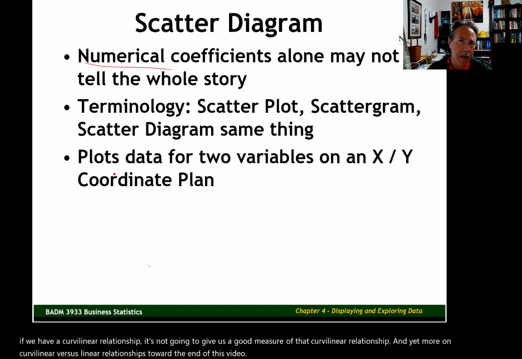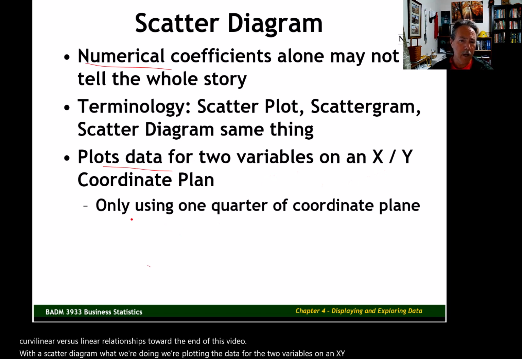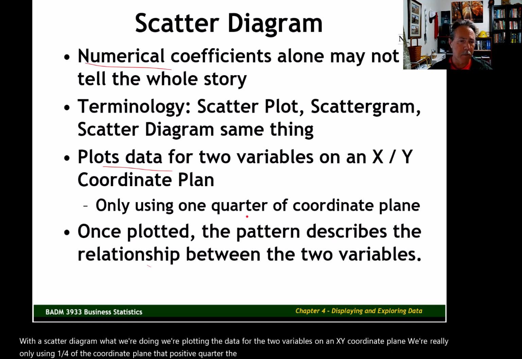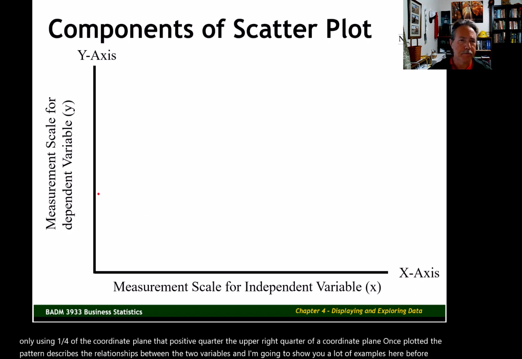With a scatter diagram, we're plotting the data for the two variables on an XY coordinate plane. We're really only using one quarter of the coordinate plane, the upper right quarter. Once plotted, the pattern describes the relationship between the two variables. And I'm going to show you a lot of examples before we're done.